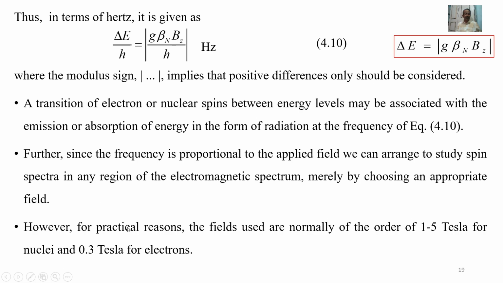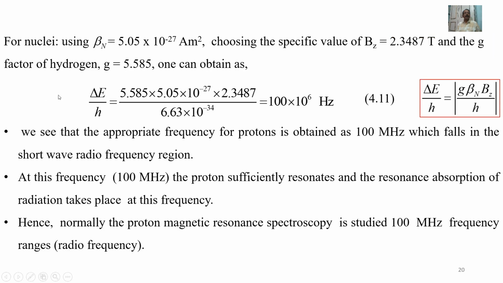However, for practical reasons, the fields used are normally of the order of 1 to 5 Tesla for nuclei and 0.3 Tesla for electrons.